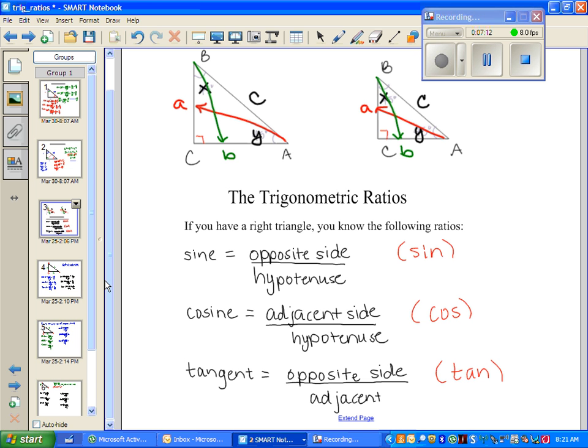So if you're looking at angle A here, opposite is side A, and the hypotenuse is C, as we always know. If you're talking about cosine, you're talking about the adjacent side over the hypotenuse. So if you're talking about angle A, the adjacent side, the leg, is B over the hypotenuse C. And if you're talking about tangent, you're talking about the side opposite over the side adjacent.